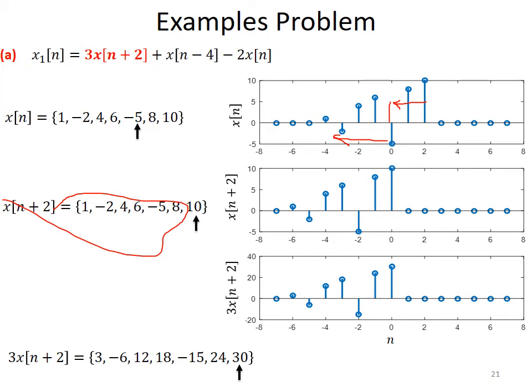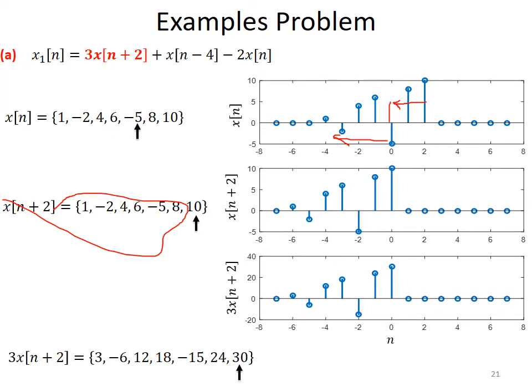So when x of n is shifted towards the left, we get x of n plus 2. Now instead of at -5, we have 10 at n equal to 0. All other samples are at n minus 1, n minus 2, n minus 3, and so on, and the sample values after n equal to 0 are 0.